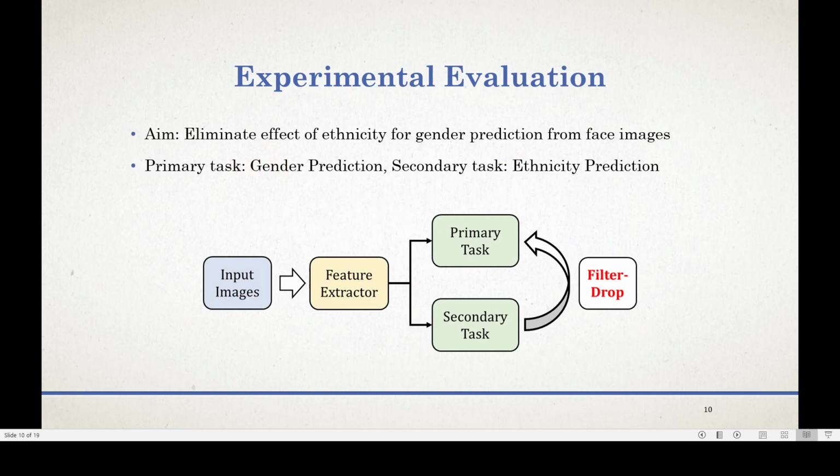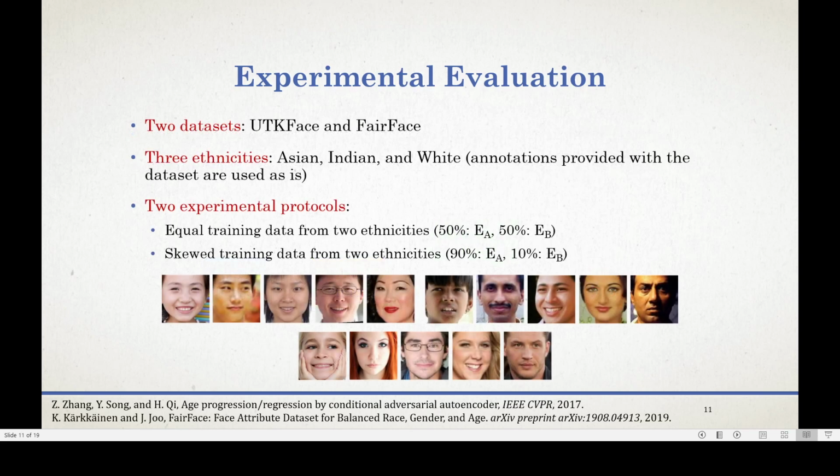The proposed filter drop is evaluated for the task of gender prediction from face images while eliminating the effect of ethnicity. We use two datasets, UTKFace and FairFace in our study, and 3 ethnicities. The experiments are performed in 2 setups with 2 ethnicities in each setup.